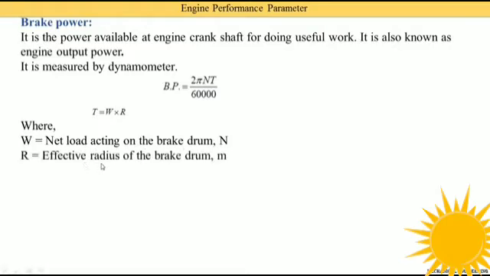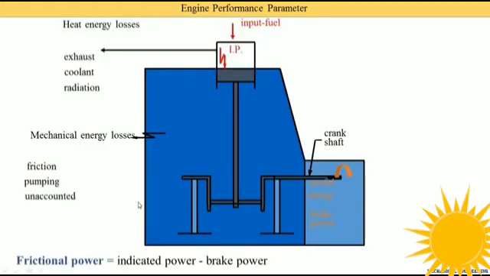W is equal to the net load acting on the brake drum, R is equal to the effective radius of the brake drum, N is equal to the RPM of the crankshaft, and T is the resisting torque applied by the dynamometer. Here you will see the friction power is equal to indicated power minus brake power.